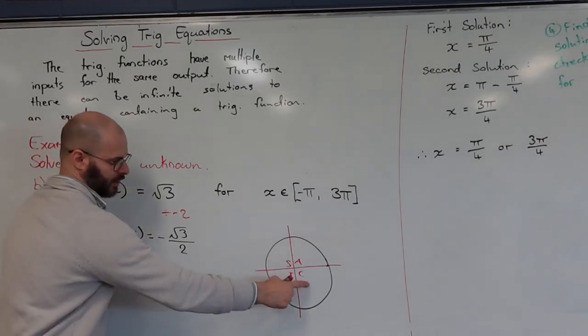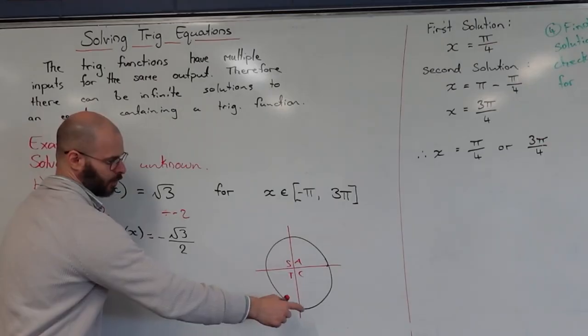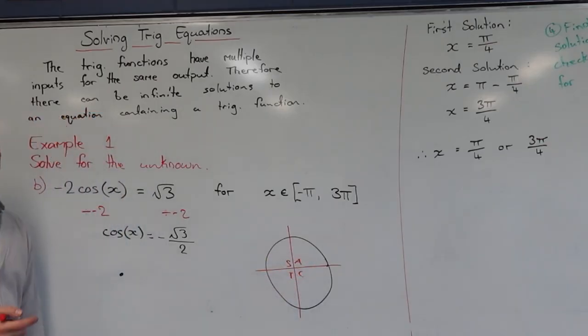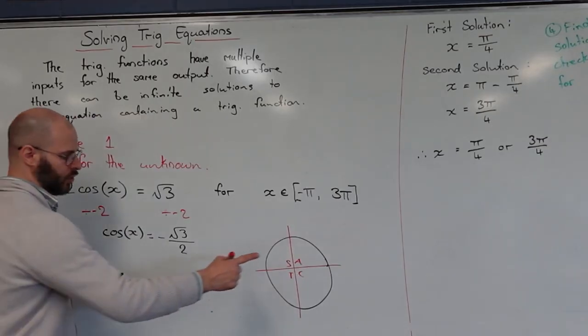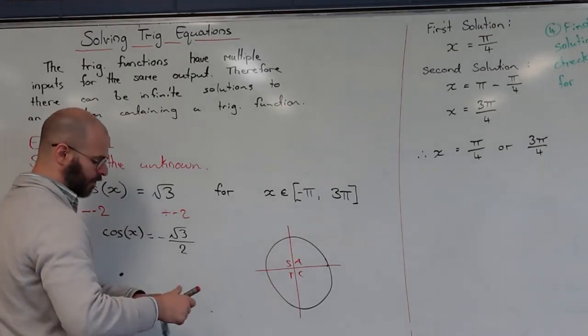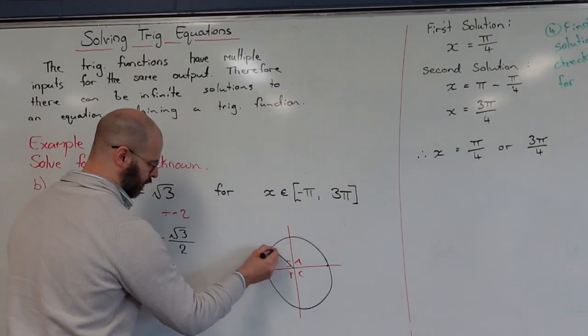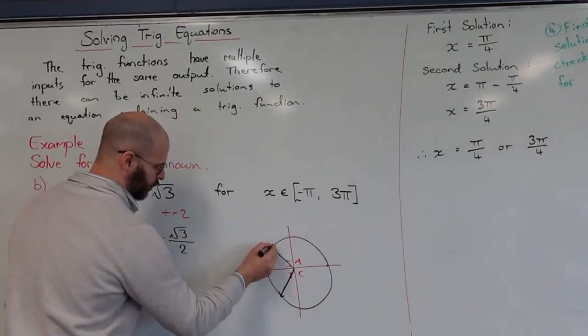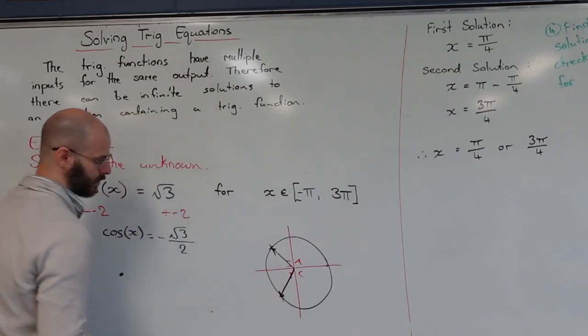All stations to central. Cosine is positive in quadrants 1 and 4. Where is cosine negative? 2 and 3. So therefore, we are expecting solutions here, and we are expecting solutions here.